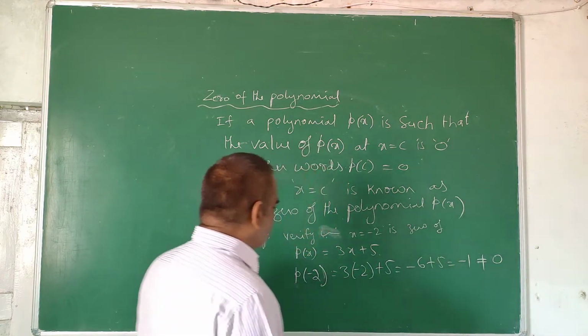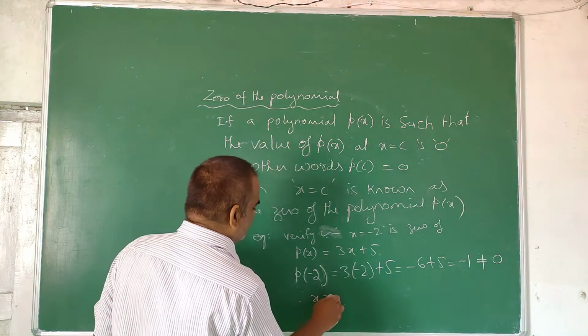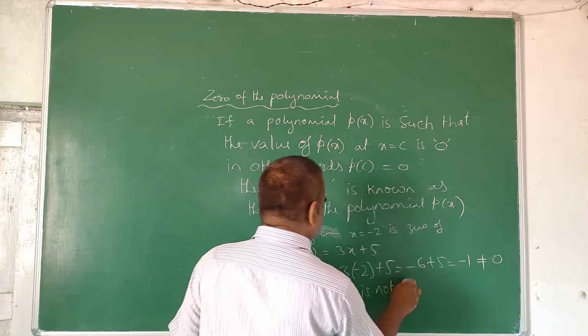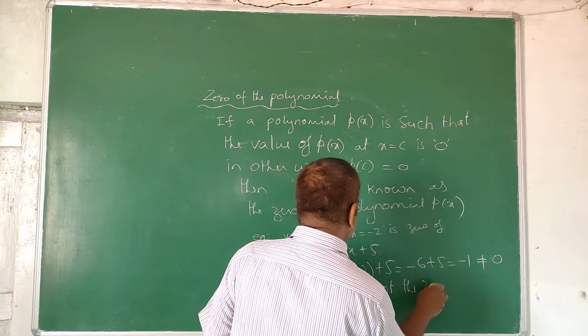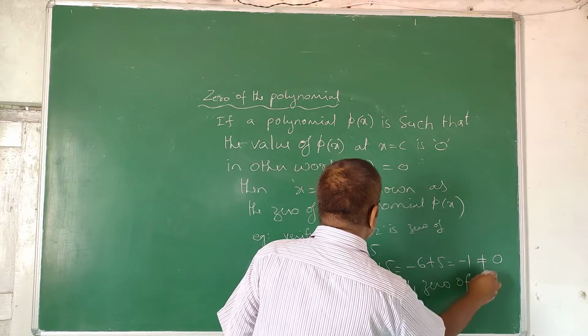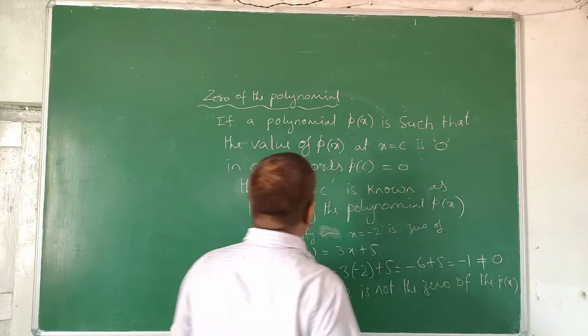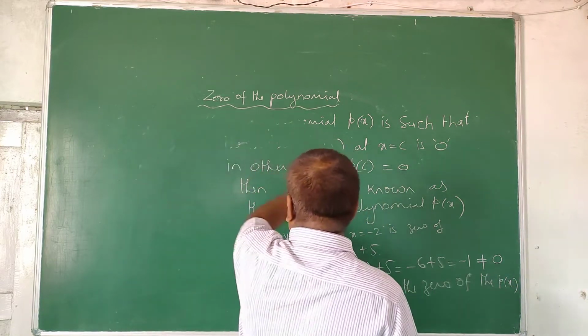Understood? Therefore, x is equal to minus 2 is not the zero of the polynomial p of x. Understood?